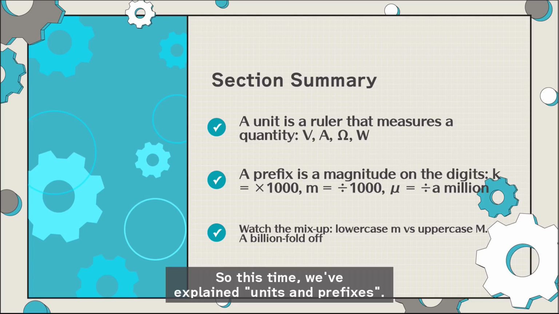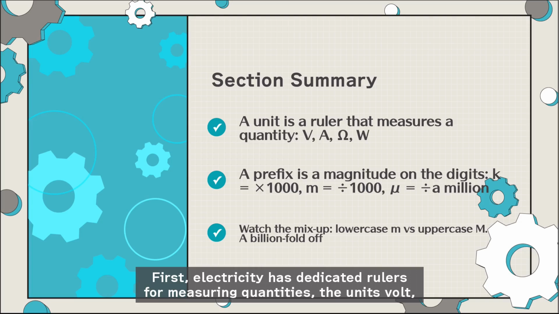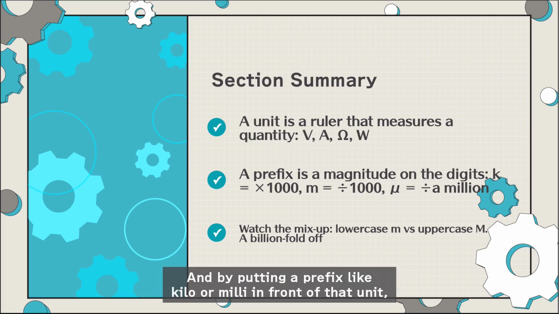So this time we've explained units and prefixes. First though, electricity has dedicated rulers for measuring quantities, the units volt, ampere, ohm, and watt. And by putting a prefix like kilo or milli in front of that unit, we could neatly bundle up digits that are too large or too small.